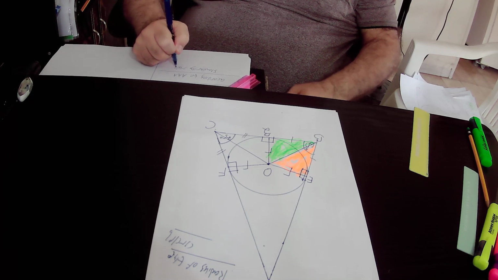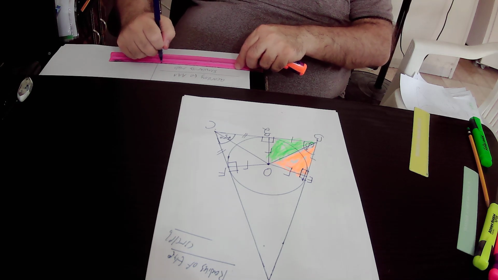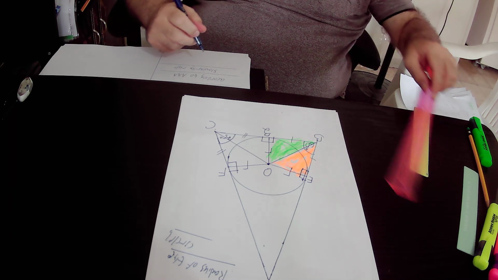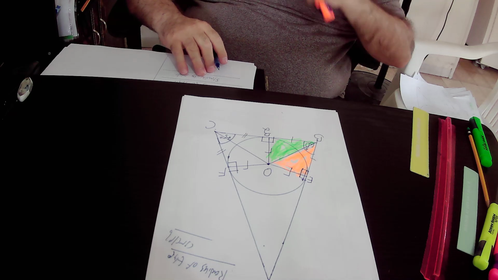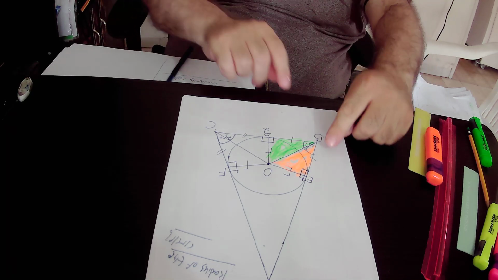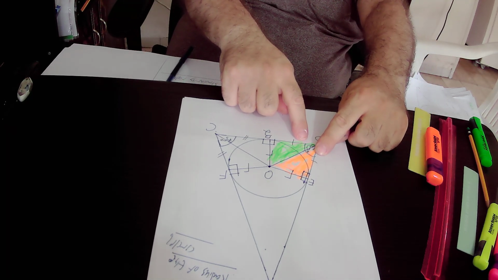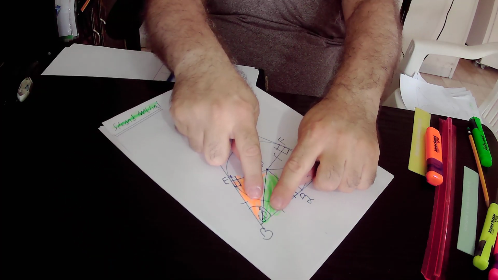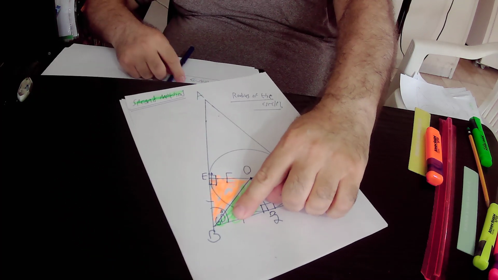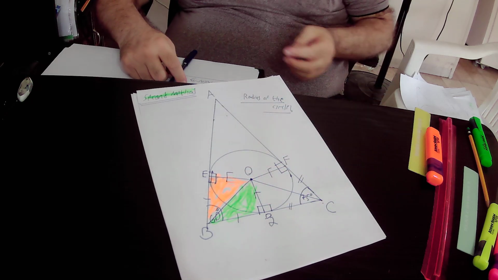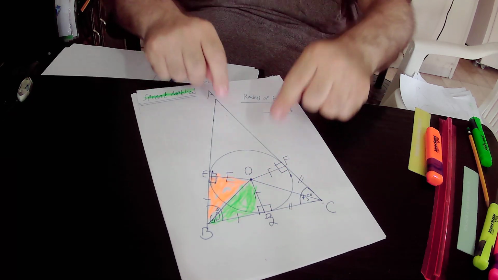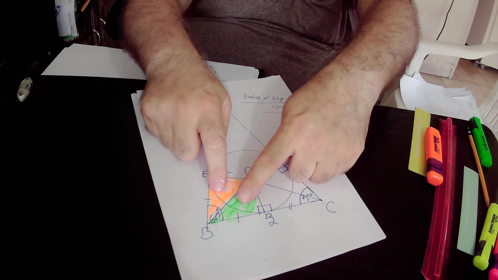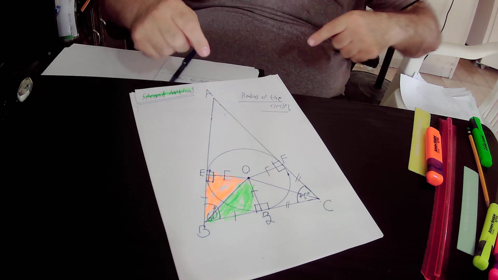And from the fact that the green triangle is congruent to the orange triangle, we conclude that those two angles are equal to each other. Those two angles are equal according to the rule that corresponding angles in congruent triangles are equal to each other.